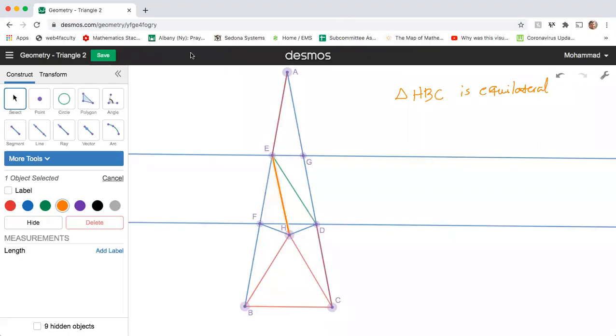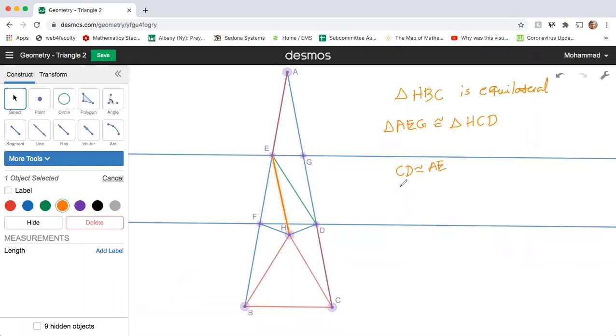Now first look at the triangles AEG and triangle HCD. I claim that these two are congruent. The reason is that, recall that the side CD is congruent to side AE. So we have CD congruent to AE.